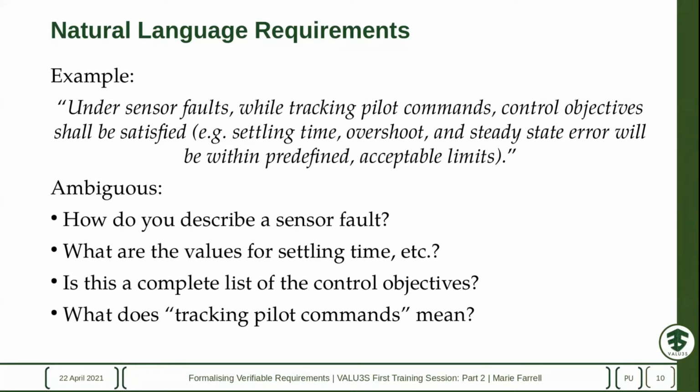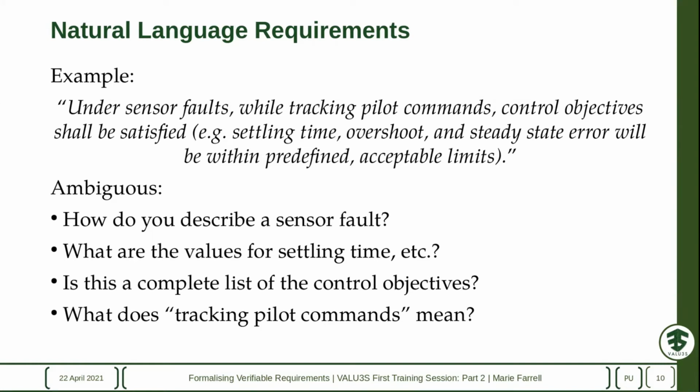And it's not even clear if what is within the brackets is a complete list of the control objectives. And of course, I hadn't much experience with this sort of system before this project. It's not even clear what tracking pilot commands means in this context. Now, as I say, the person developing this will know what these things mean, but these things should be made explicit in the requirements so they're traceable from the beginning until the end.